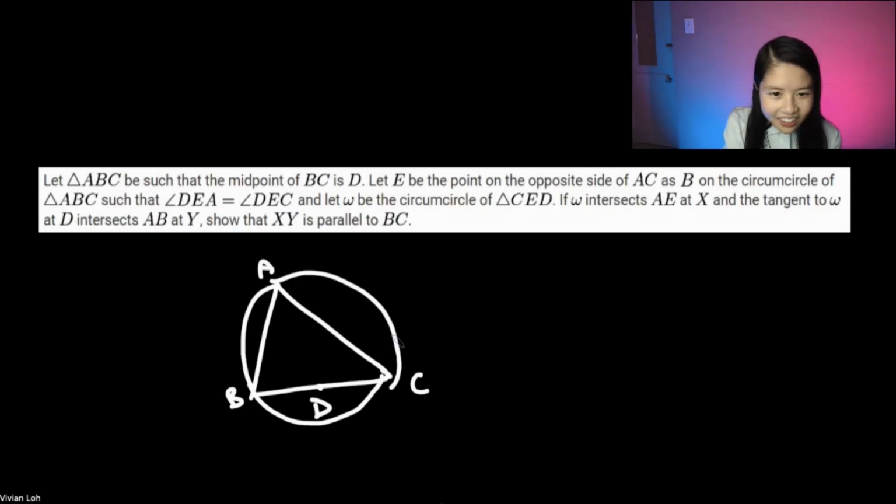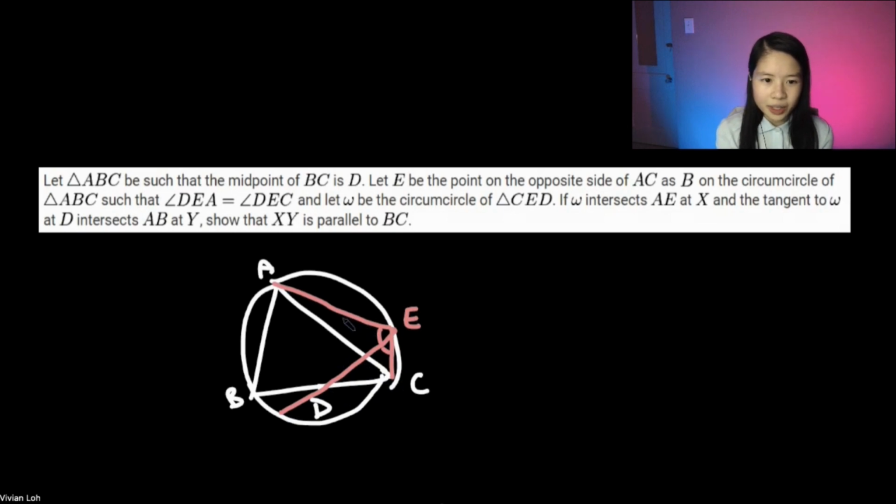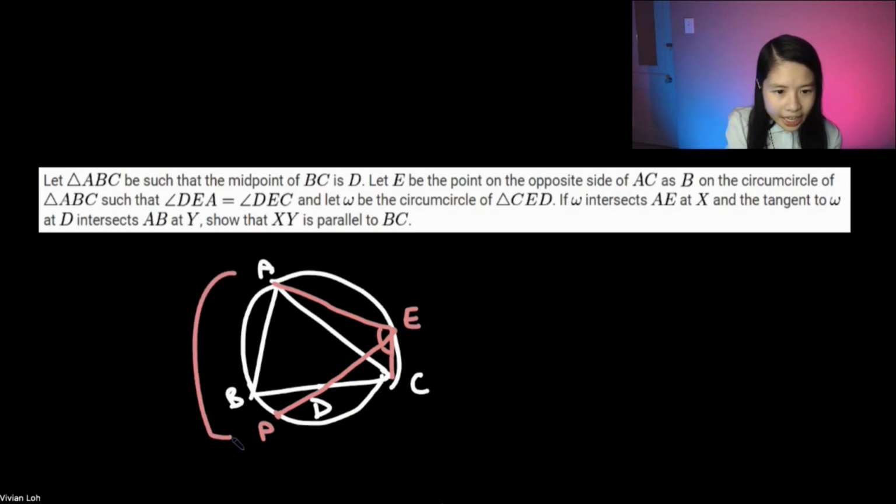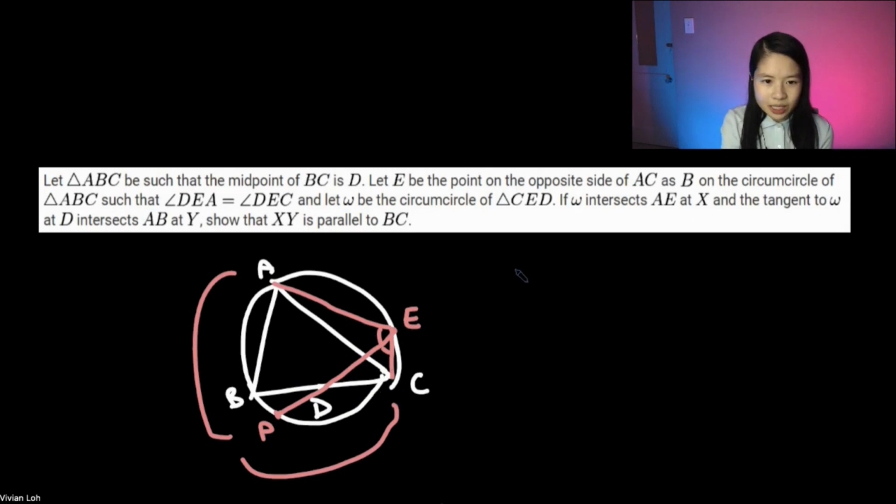Well, if we have E over here, and then we draw a line DE, we somehow need angle DEA equals angle DEC. And if we look at what arcs these angles inscribe on the circle, if we let the point at which DE intersects the circumcircle again be P, then we get that arc AP and arc CP of the circle must be equal.